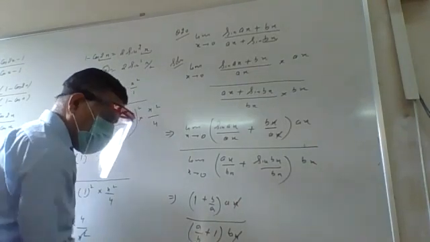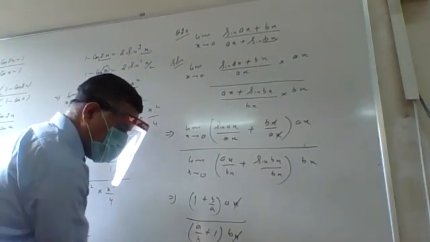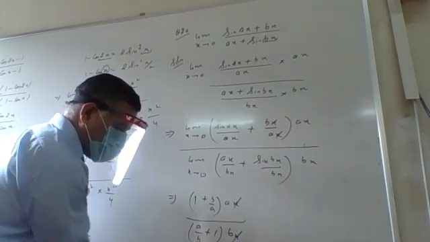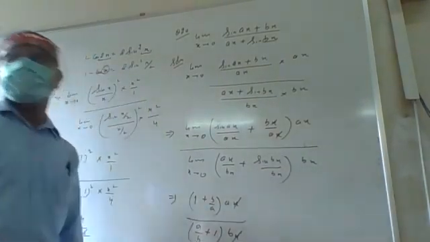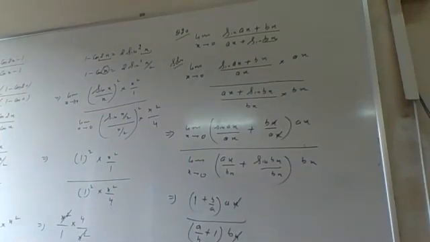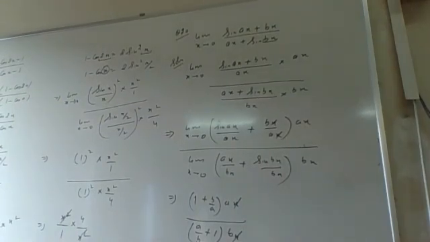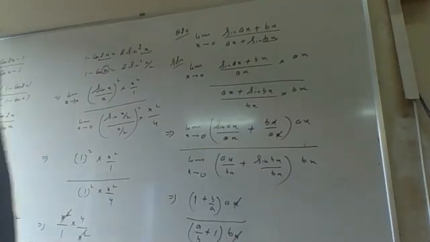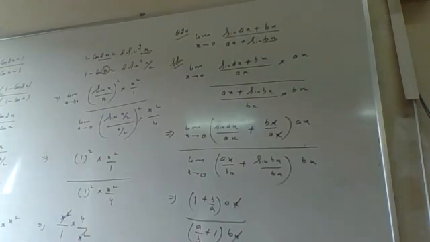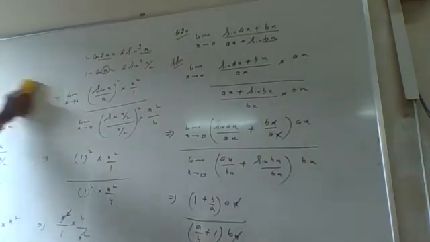Clear? a goes with this, b goes with this, a plus b goes with a plus b. Please ask me if there is any confusion in any of the statements.